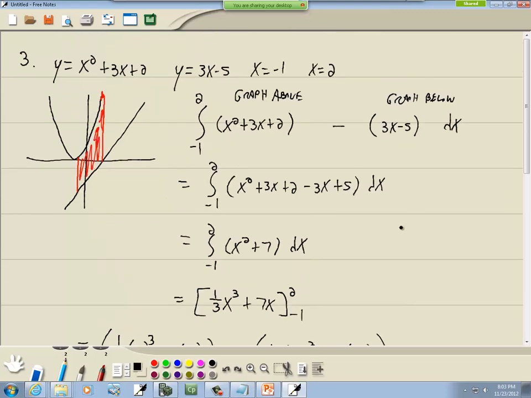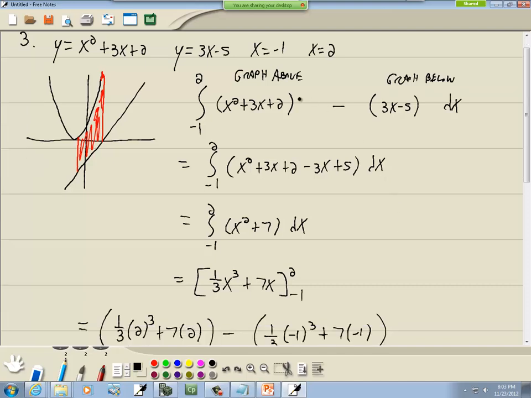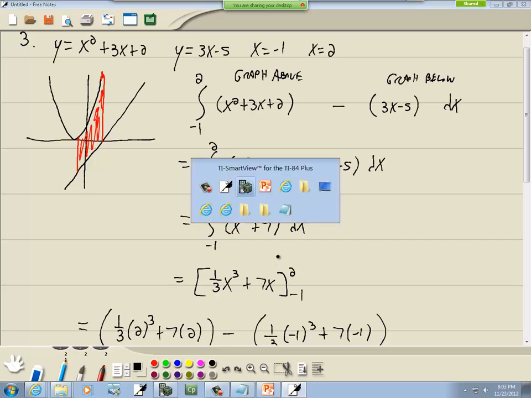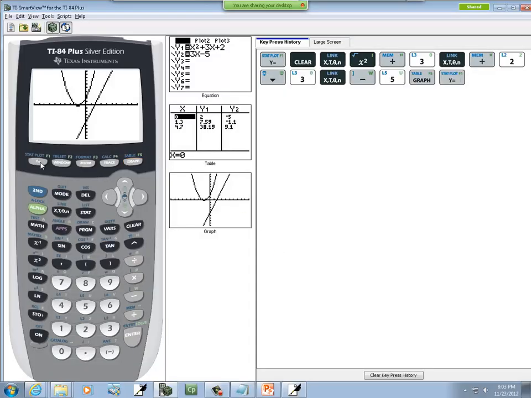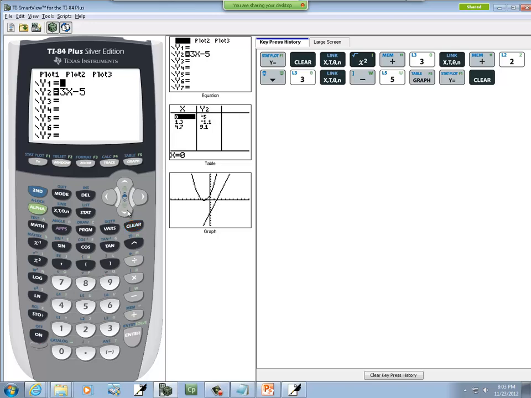Now this is a little bit tricky to test. You know, it might be easier just to plug it in after you've simplified it, assuming you feel comfortable with your basic math here. So let's do the x squared plus 7. So we'll clear out y1, y2.